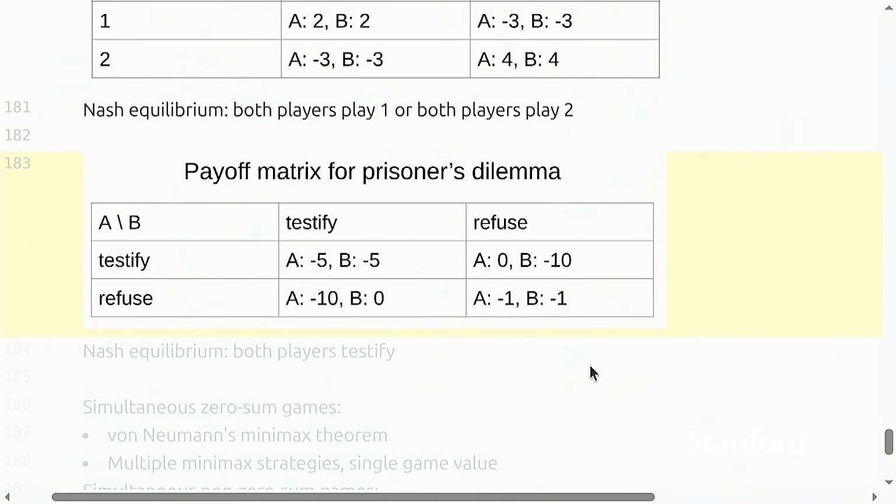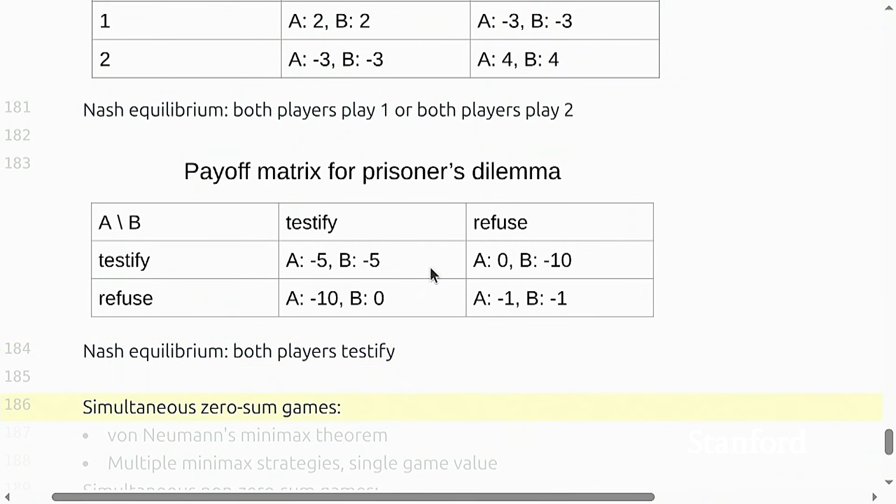So local optima are also Nash equilibria in search problems. And then finally, the Nash equilibrium for the prisoner's dilemma is both players testify. Okay, because no one has an incentive to move off.